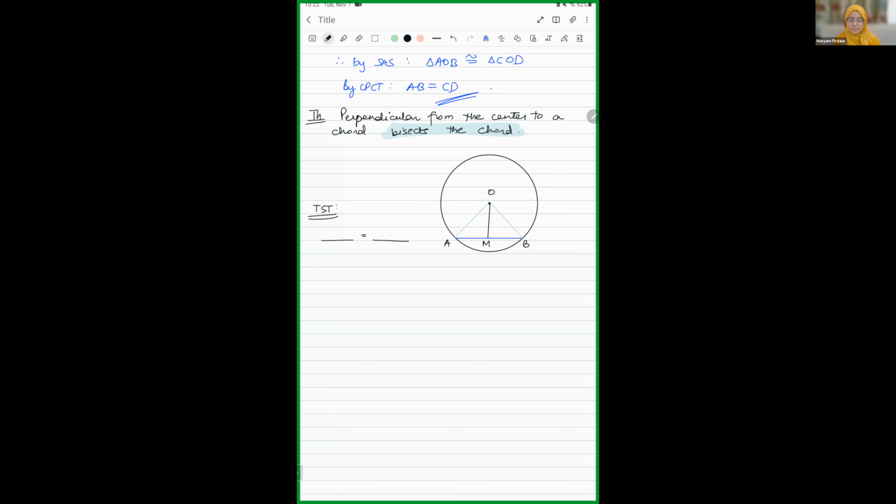AM is equal to BM. Okay, this is what we need to show. What all is given? It is given that OA is equal to OB. Why? Because radii are equal. Very good. And one more thing is given: OM is common.